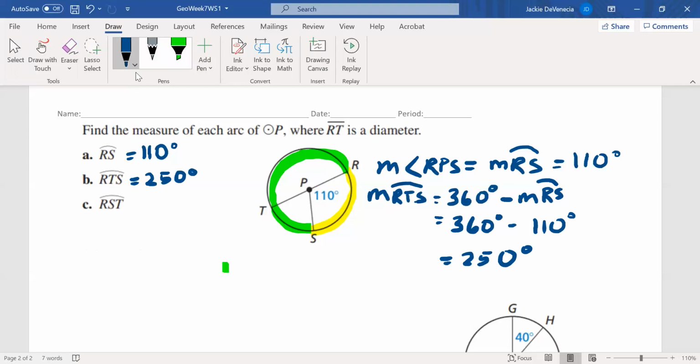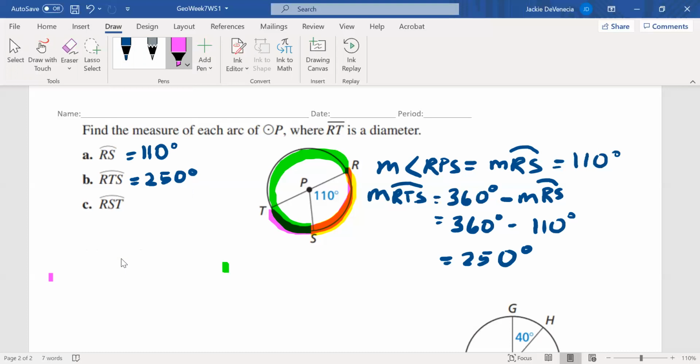Now, this is kind of tricky. We have to find the measure of RST. It looks like we're trying to find the semicircle.